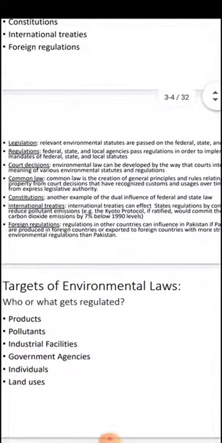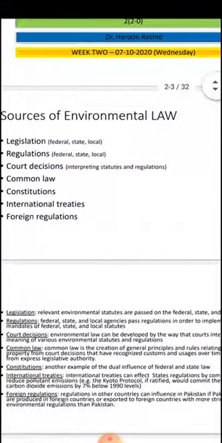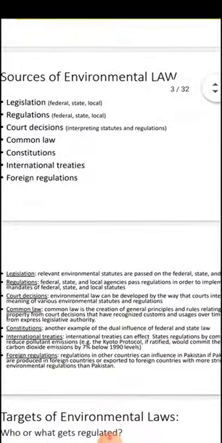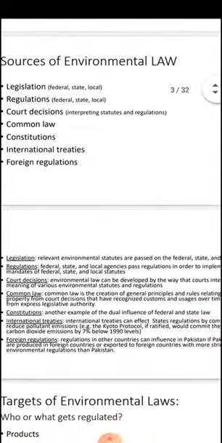Similarly, we have some international treaties which we are bound to follow. So actually, we are presenting the sources of environmental laws. So these are the sources from where we are getting environmental laws. International treaties are very important. We have to abide by all the treaties, being a responsible country of the world. In that case, every duty assigned to us regarding environment must be fulfilled.